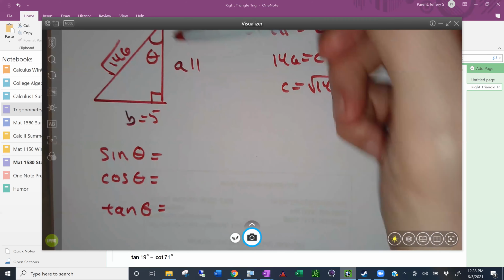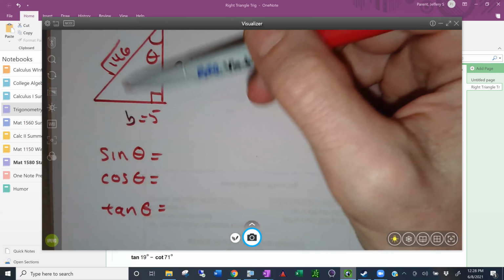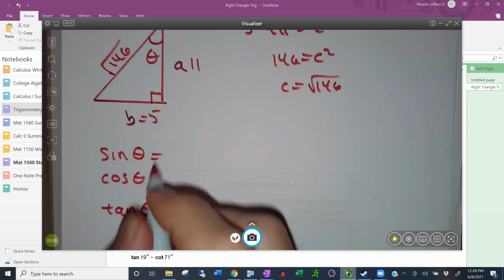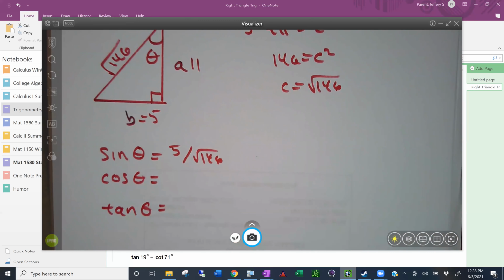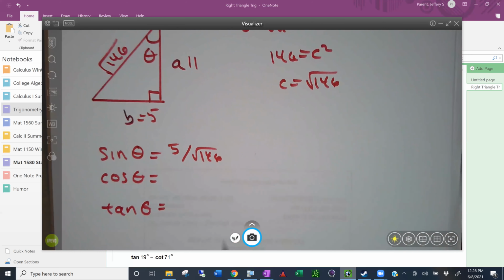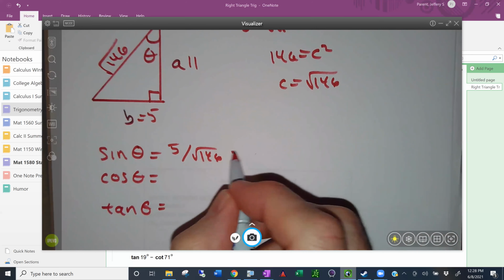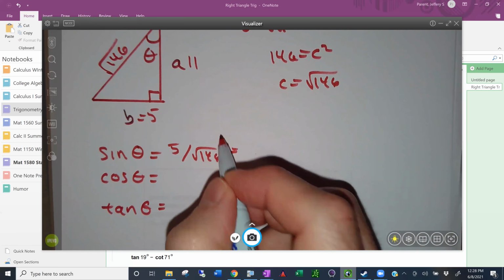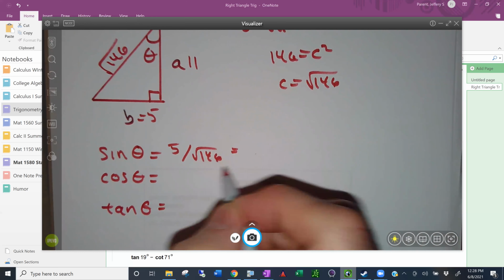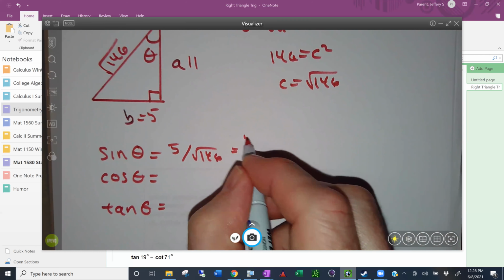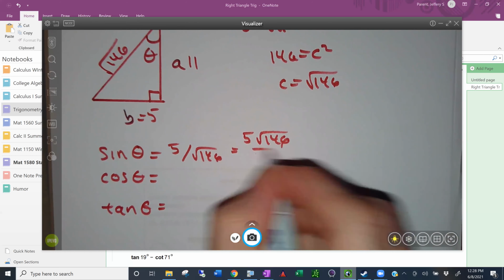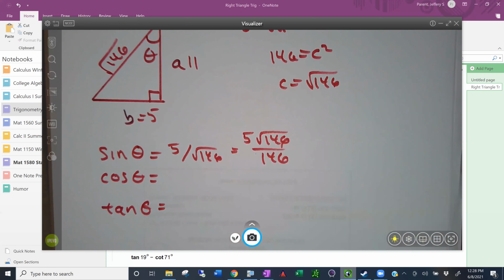So for instance, the sine of theta is going to be the opposite over the hypotenuse. So it's going to be 5 over the square root of 146. Now, if I actually saw the answer in an answer key, they would rationalize this by multiplying by root 146 over root 146. That'll make the denominator 146. So we'll get 5 square roots of 146 over 146.